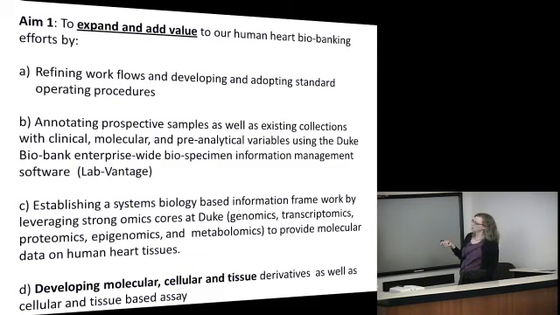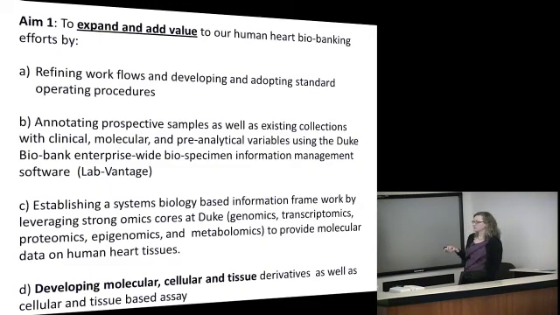We want to work with the Duke Biobank, and we have plans in the works to use this new enterprise-wide biospecimen information management software, LabVantage, that's going to come on board for all the biobanking efforts here at Duke. We want to establish a systems biology-based information framework by leveraging these strong omics cores to provide molecular data on these human heart tissues.